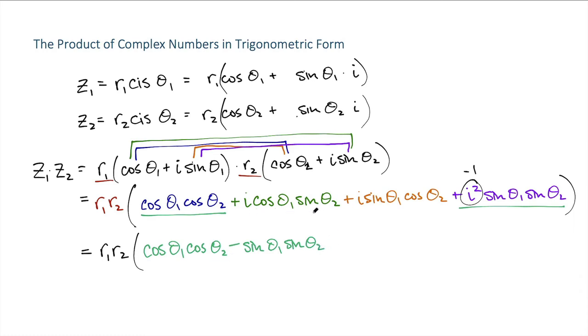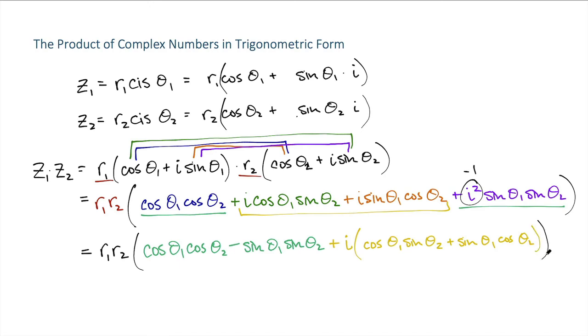Okay, then I've got these other two terms, and those are my i terms. And so I'm going to factor the i out of those. So I get plus i times cosine theta 1 sine theta 2 plus sine theta 1 cosine theta 2.